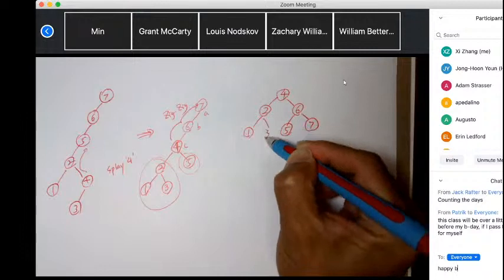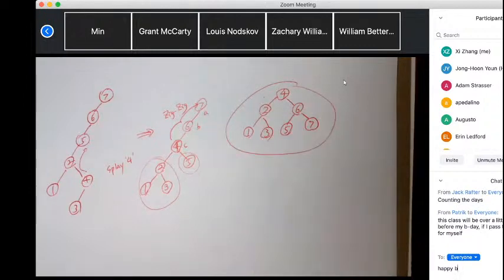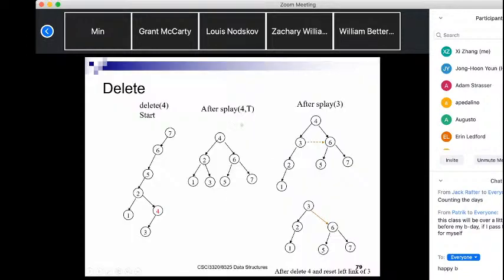Then you will have this tree that's identical to the example given in the slide. So that's how I got this, and then we explain the largest one, and then bypassing.